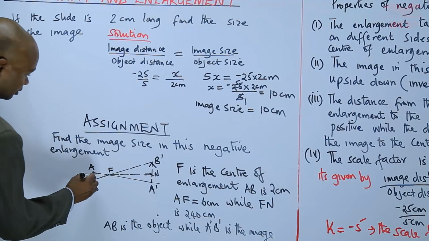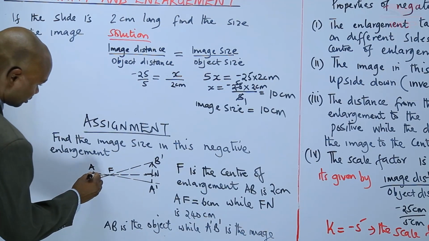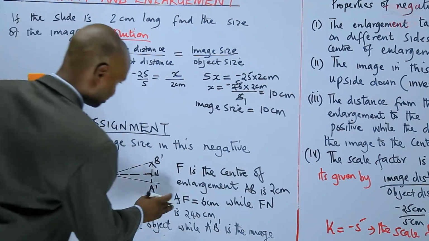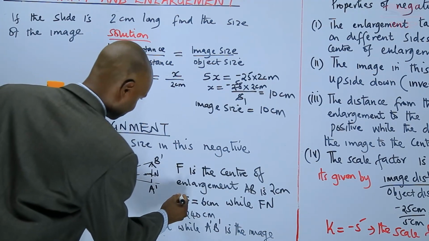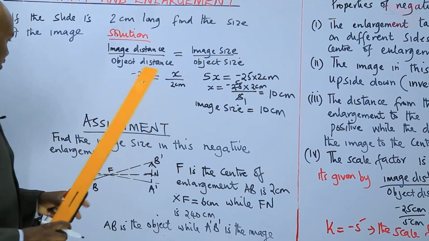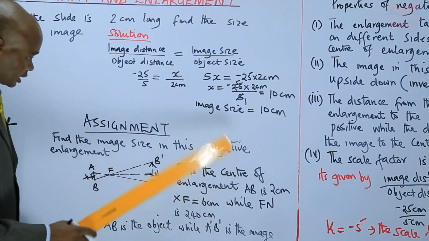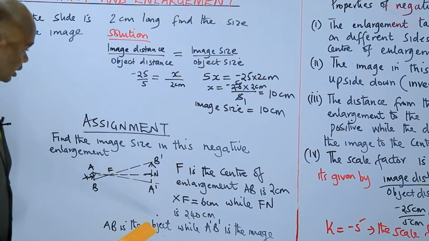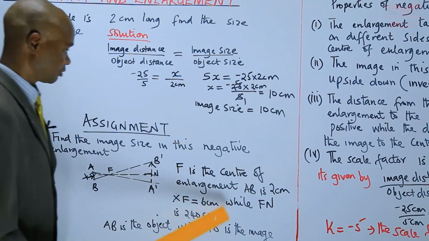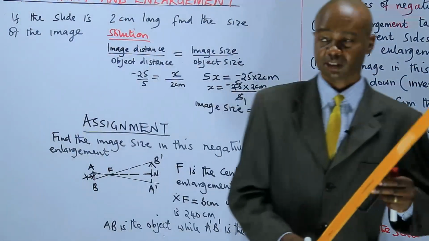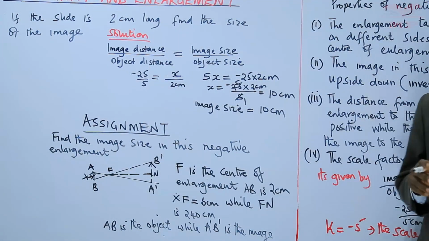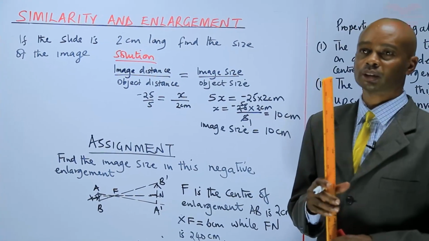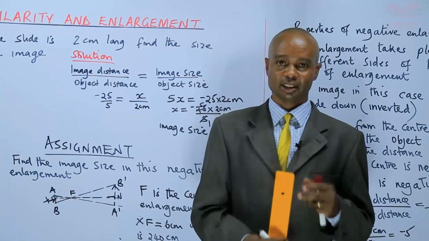XF from the center is 6 centimeters, while FN to the center of the image is 240. AB is the object, A prime B prime is the image. So learner, having worked out that question, it will give you an inner depth into what we call negative enlargement.